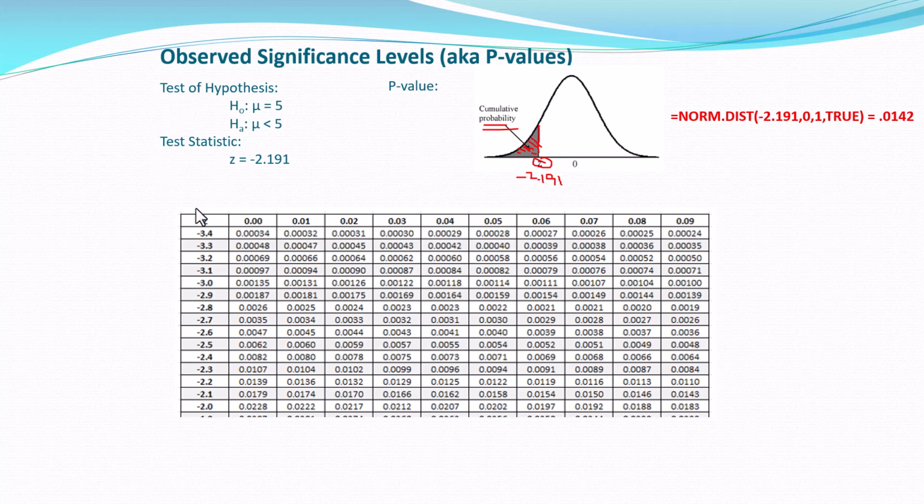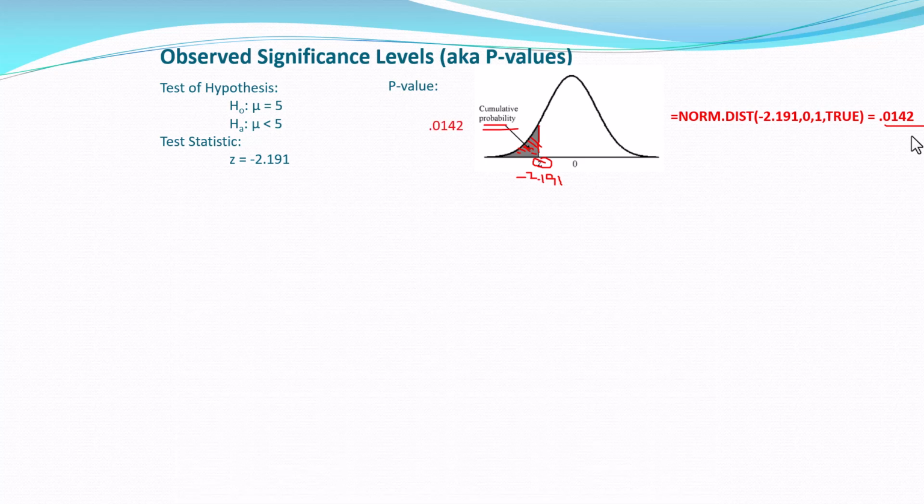If I'm using the Z table, I would look up the test statistic negative 2.19, and I would have to round it to 2 decimal places, so I'd go to 2.19, and I would come down here in the lower right hand corner and you see the probability of 0.0143. You notice that I get a different value here because Excel allows me that third decimal place. But you can see I'm going to get virtually the same probability regardless of which technique I use. And so that's the probability in the lower tail.